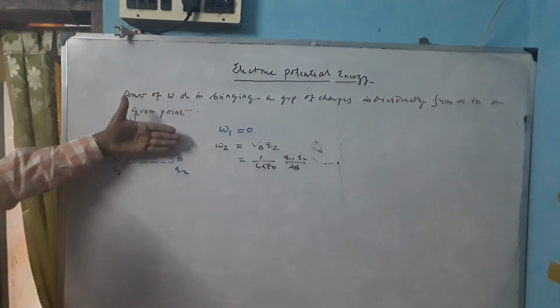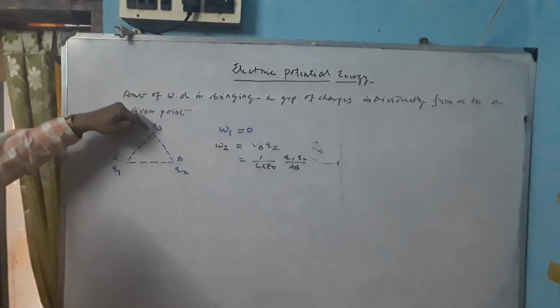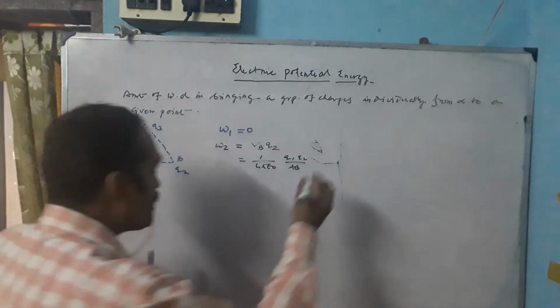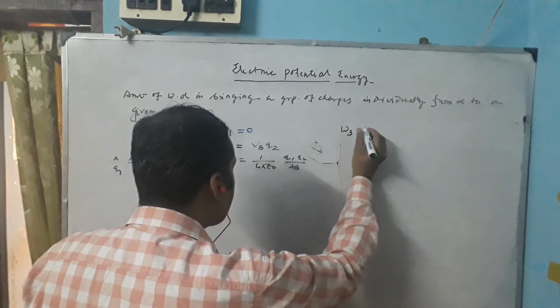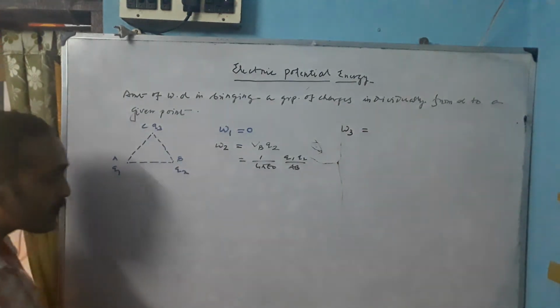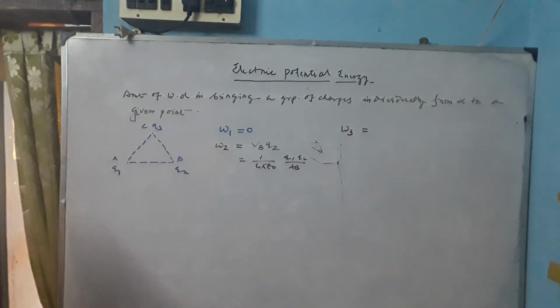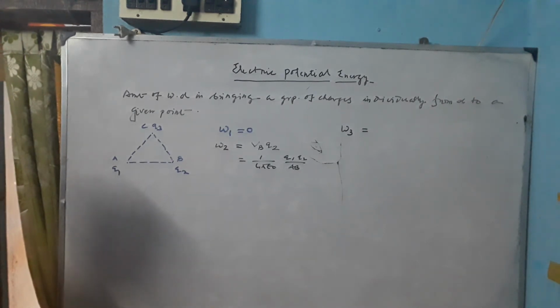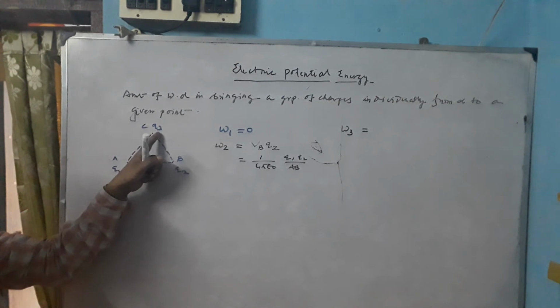Now the question arises, if I want to bring another third charge Q3 over here, we need to do a different work again. Say it is W3. Now what does W3 state? It states that we want to bring the Q3 charge here.